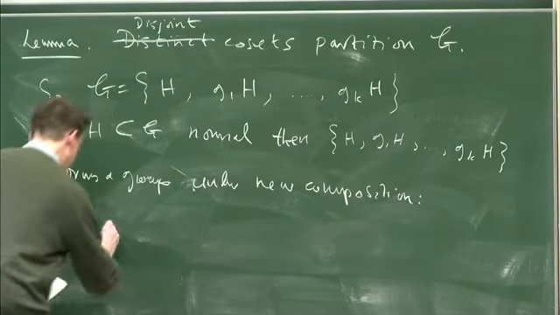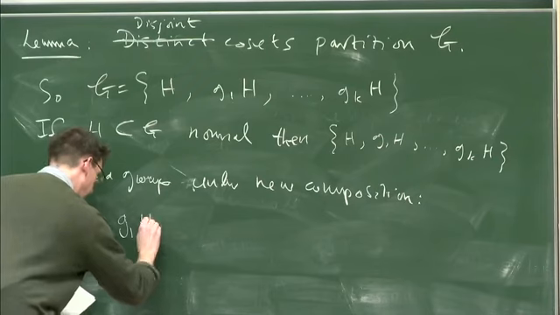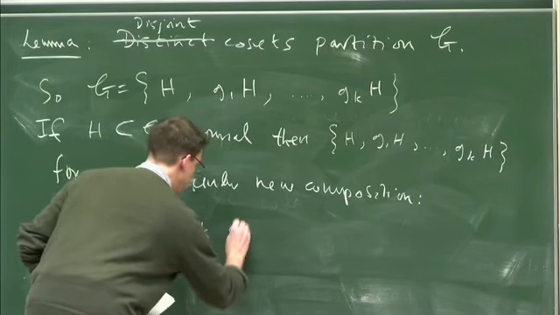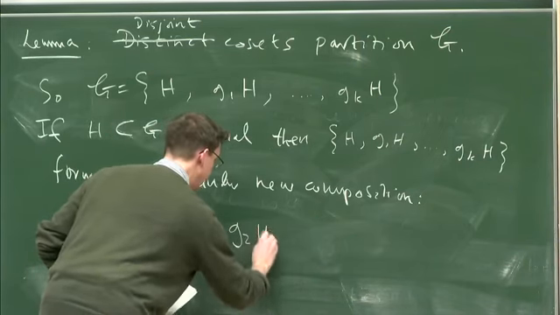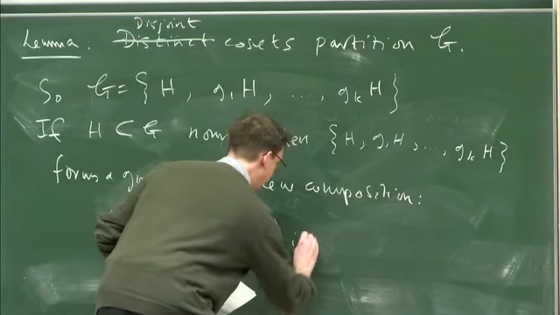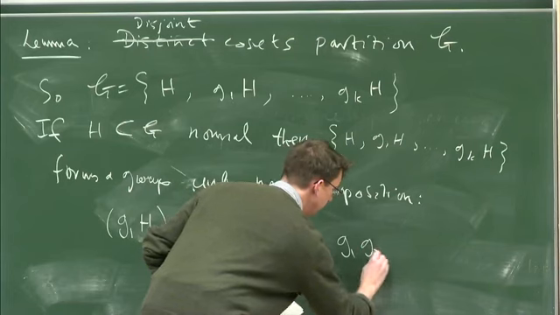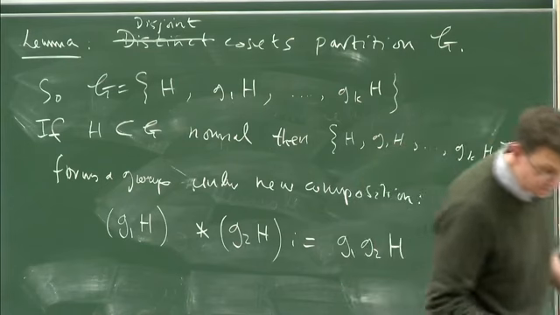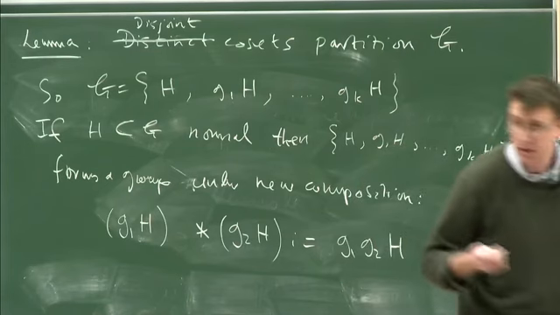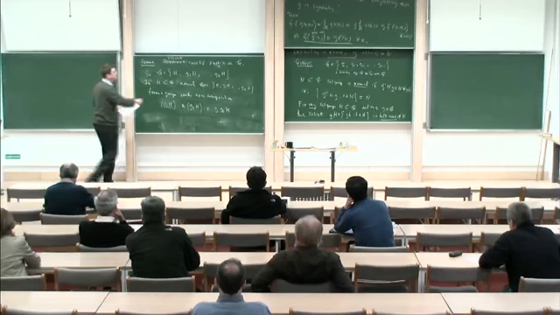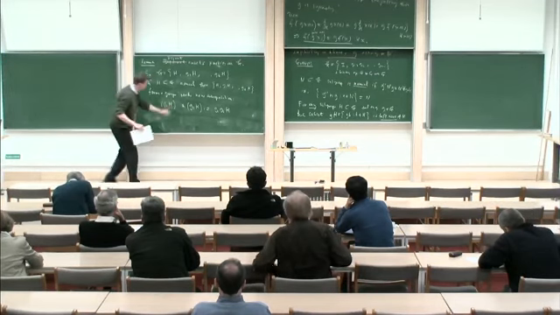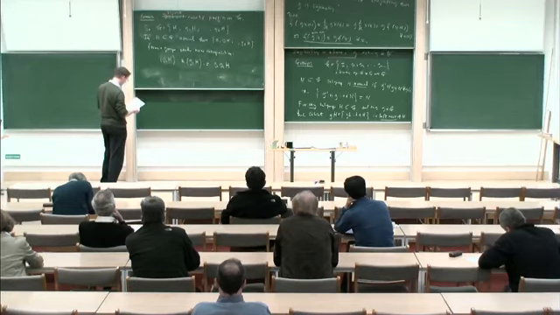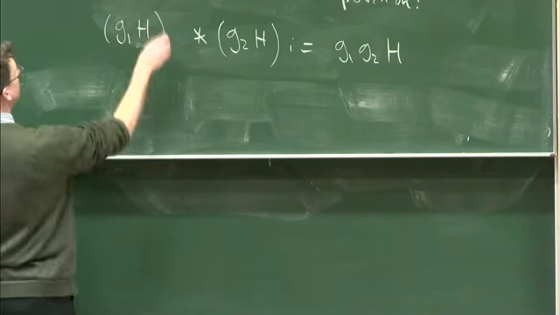Okay, so I can define a new way of composing things, composing cosets, g1H, new operation, g2H, and this is defined to be the coset g1g2H. Okay? So this is technically a different composition operation to the little circle that I had, which was a composition of group elements. This is a composition of cosets. So it's a group.